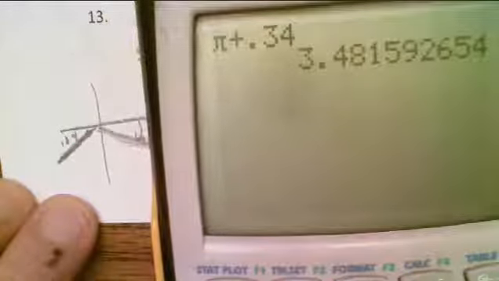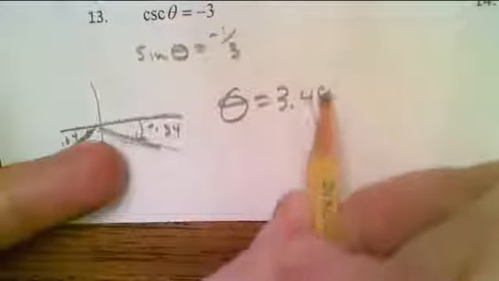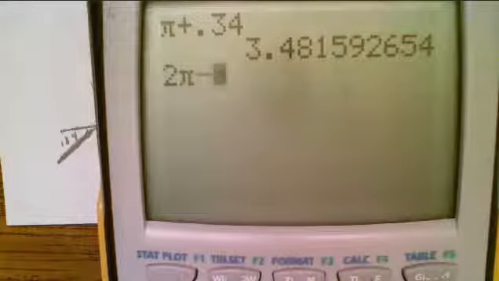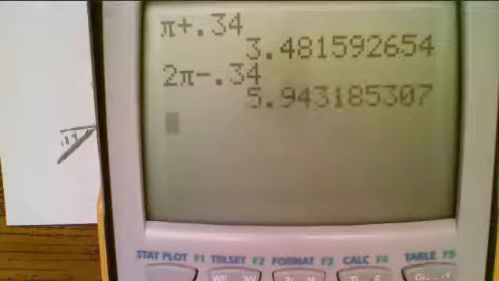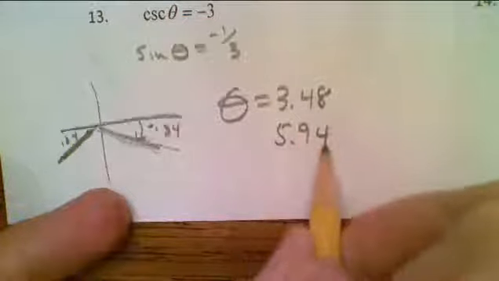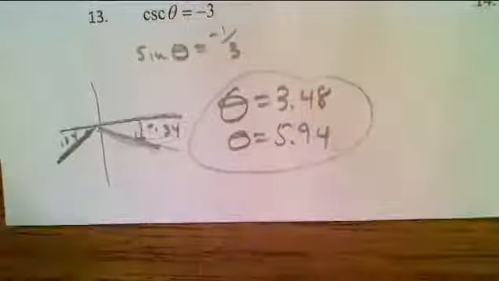I get 3.48. That's one angle. And then I have to take 2 pi and subtract the 0.34. I get 5.94. There's my 2 answers for that one.